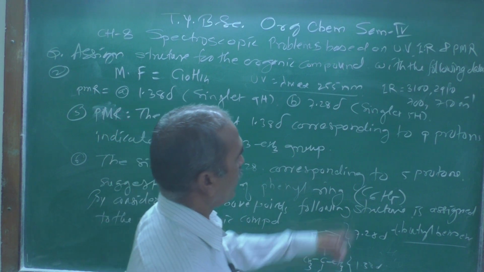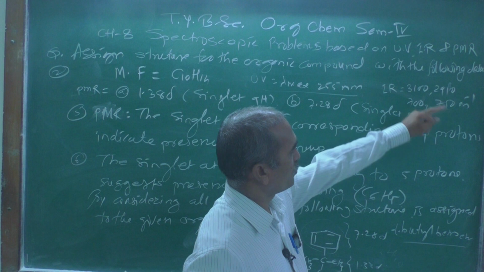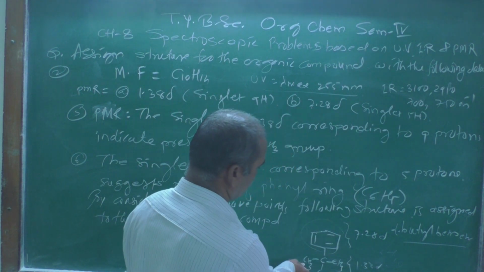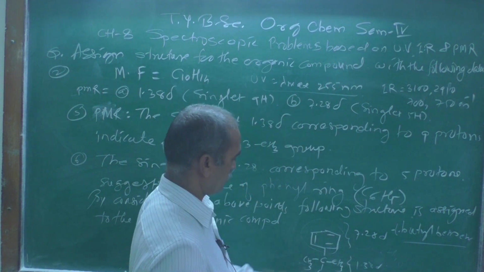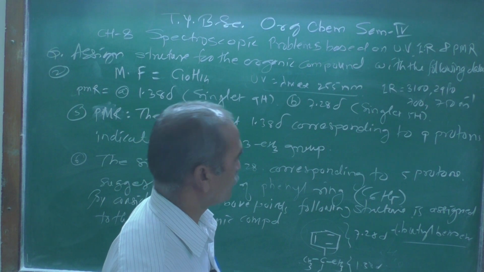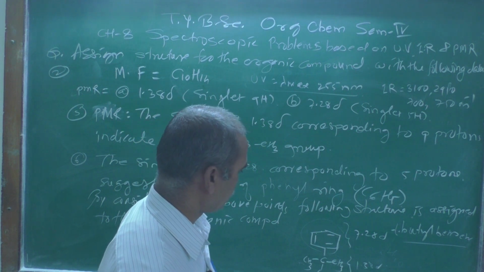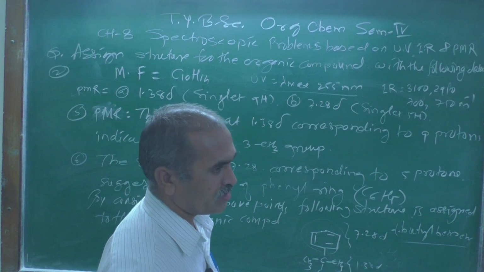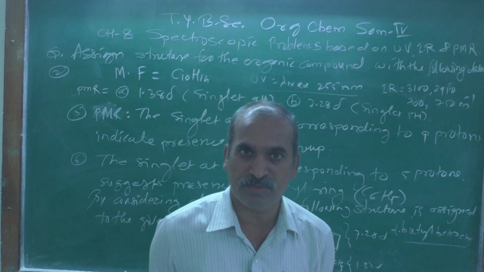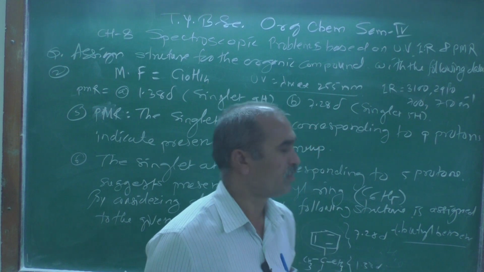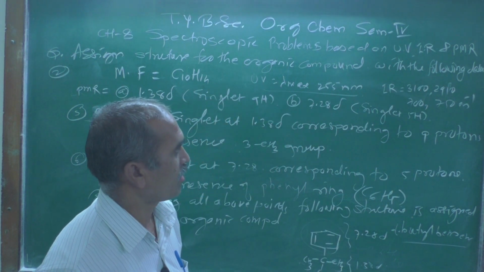Now IR 3100 to 2900 is due to the CH stretching present in the saturated CH attached to the sp3 carbon atom.